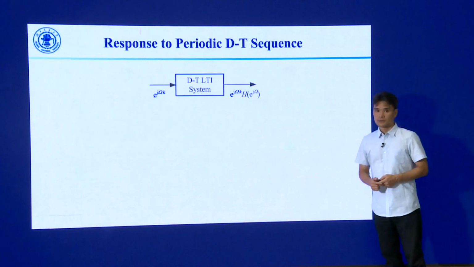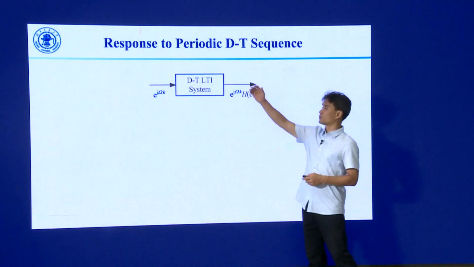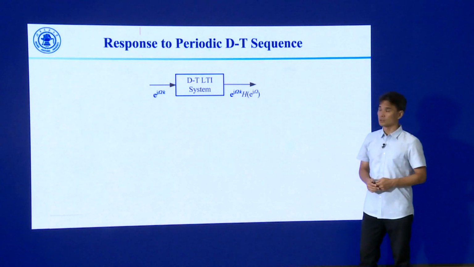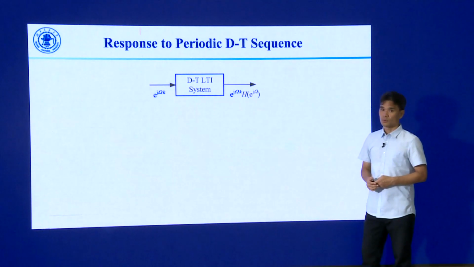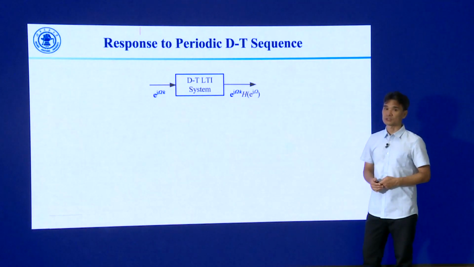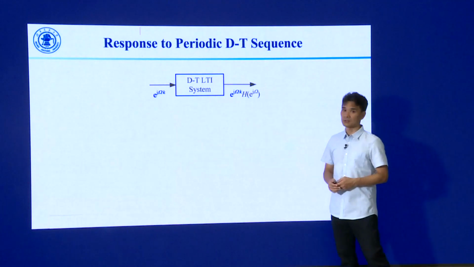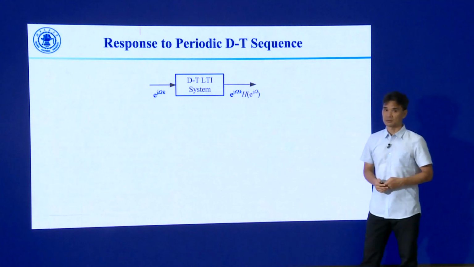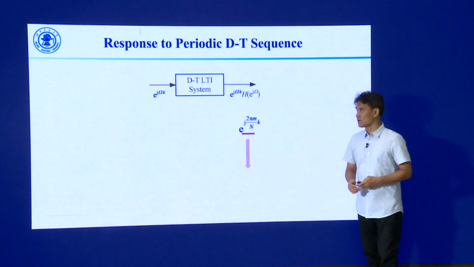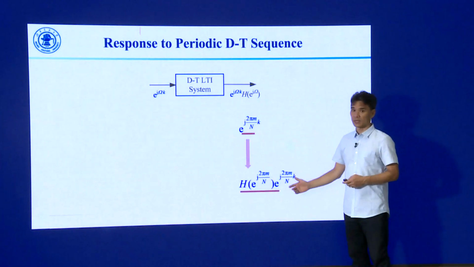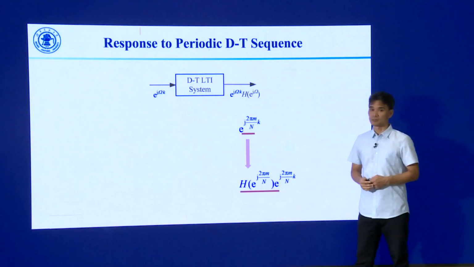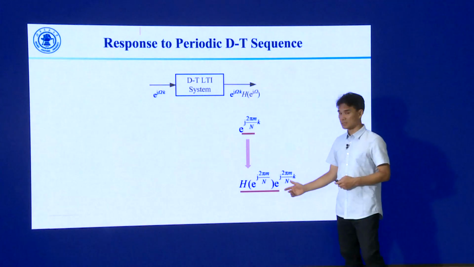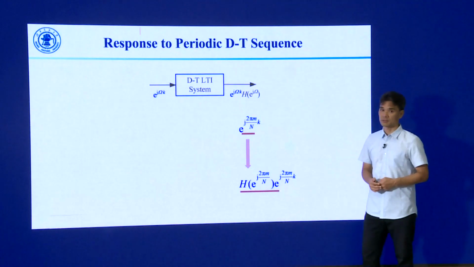If we have a periodic input into a discrete time LTI system, we can use the discrete time Fourier series to help us figure out the system's zero-state response. From the concept of frequency response, we understand the response to the imaginary exponential signal will be the same imaginary exponential signal but modified by the system's frequency response.